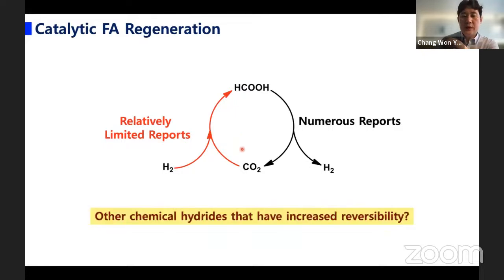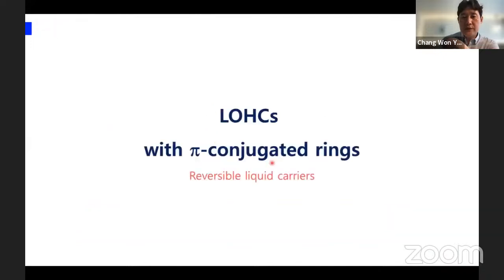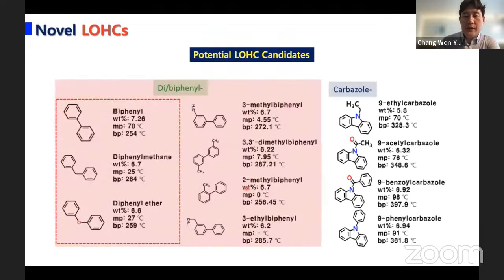Then the question is, what are other chemical hydrides that have increased reversibility? To resolve this issue, I switched to a liquid organic hydrogen carrier with a pi-conjugated ring. Actually, formic acid is also one of the LOHCs, right? But I decided to use LOHC with a pi-conjugated ring as a reversible liquid carrier.